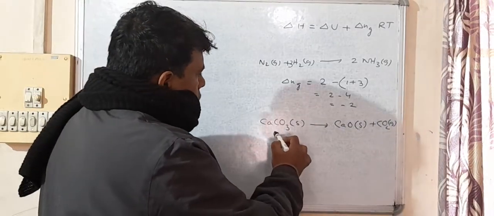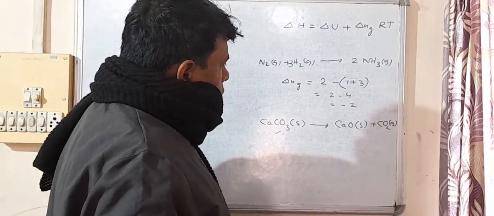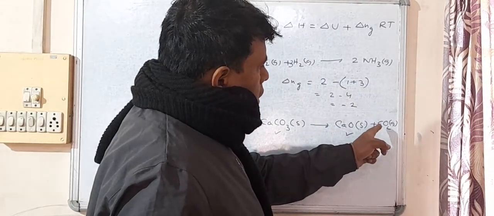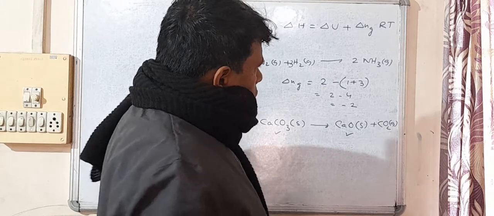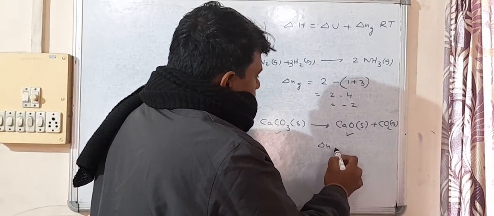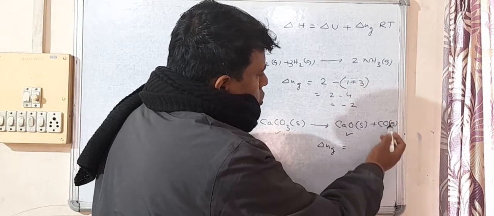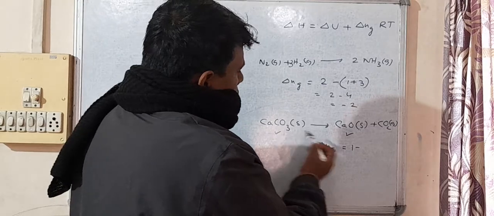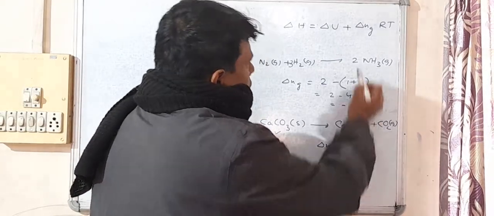Now you see this is solid, we don't consider it, and this is also solid, we don't consider it. So there is only 1 mole of gaseous product. Delta Ng will be the number of moles of gaseous product, which is 1, and the number of moles of gaseous reactant, which is 0. So it will be 1.